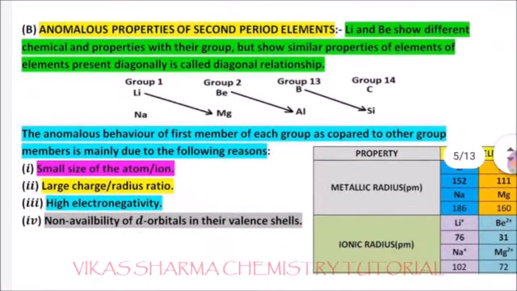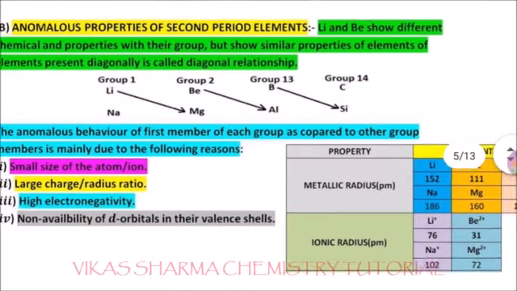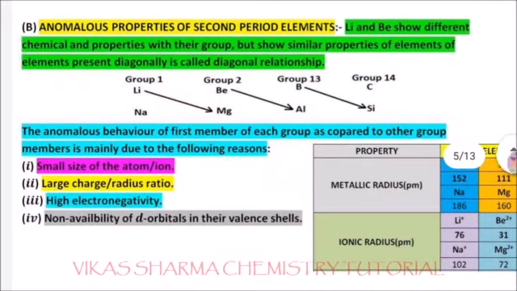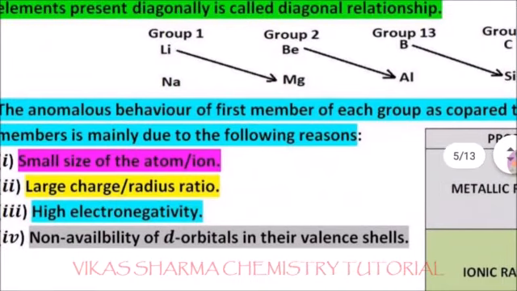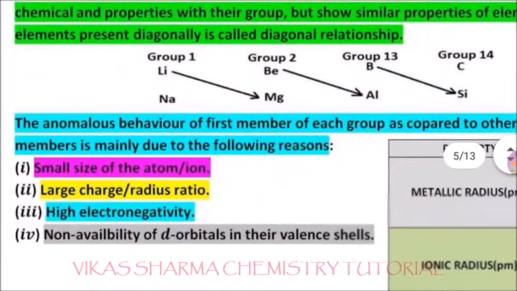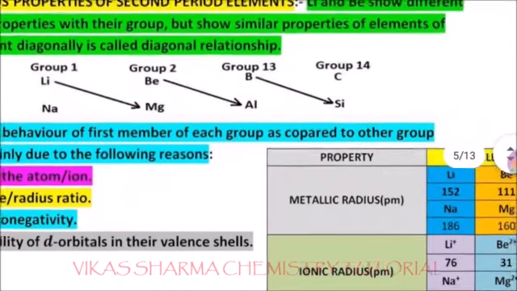The anomalous behavior of the first member of each group as compared to other group members is mainly due to the following reasons. The first one is the small size of the atom or ion. The second factor is large charge to radius ratio and high electronegativity. Another factor is the non-availability of d orbitals in their valence shells, so they show the diagonal relationship.